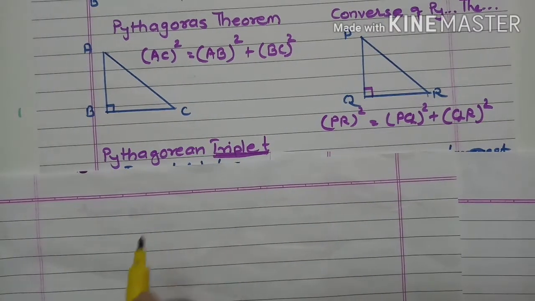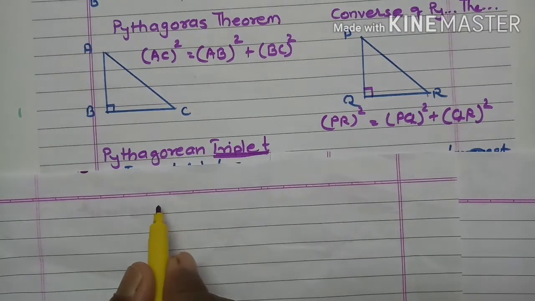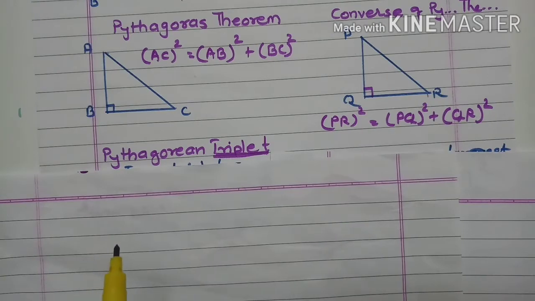In a triplet, the numbers are natural numbers, and if the square of the bigger number is equal to the sum of the squares of the remaining two numbers, then those numbers are called a Pythagorean triplet.